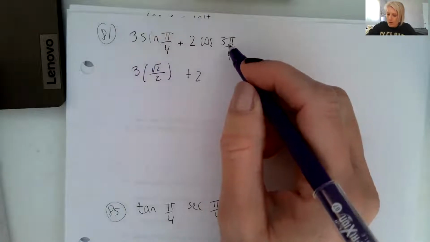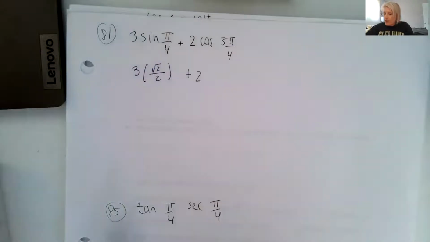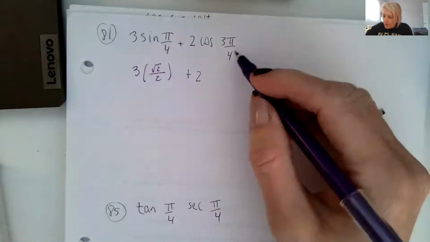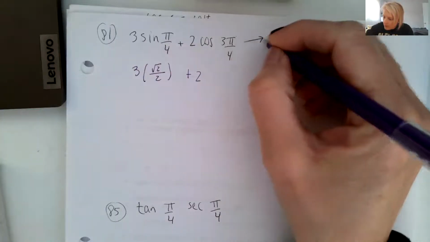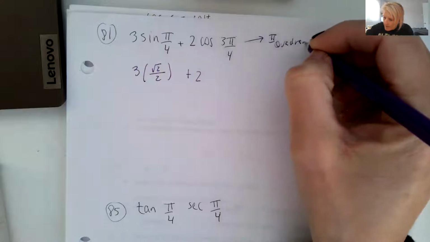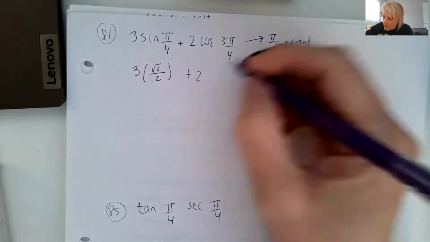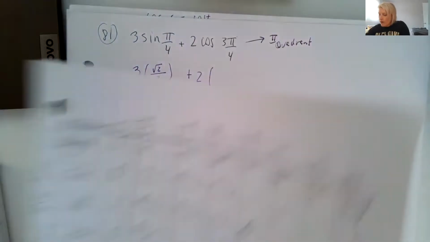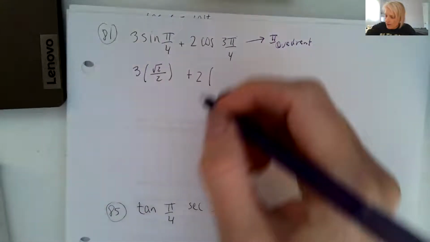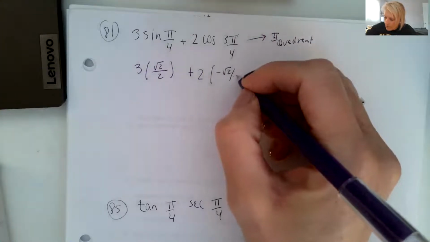And so pi over 4 is my reference angle. But remember, 3 pi over 4 is in the second quadrant, and cosine is negative there. So I'm going to look at the reference angle. For cosine, it's square root of 2 over 2, but it's negative there, so negative square root of 2 over 2.